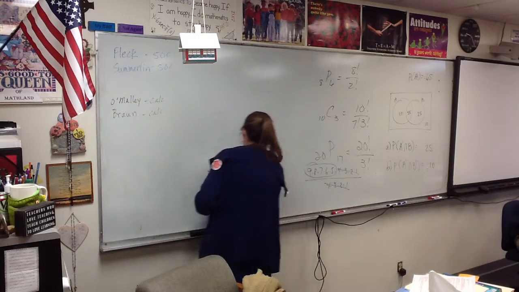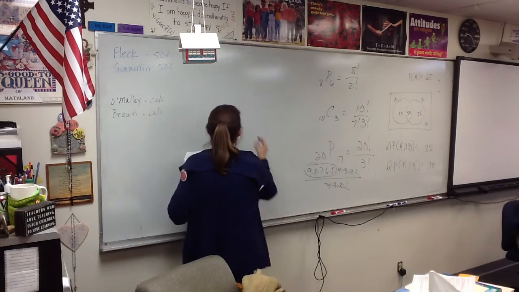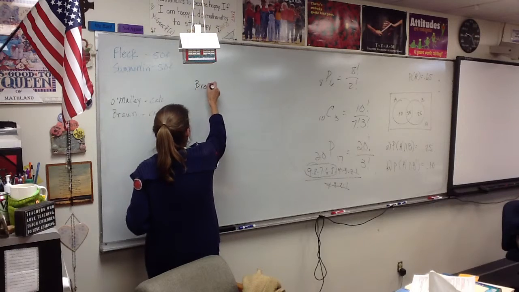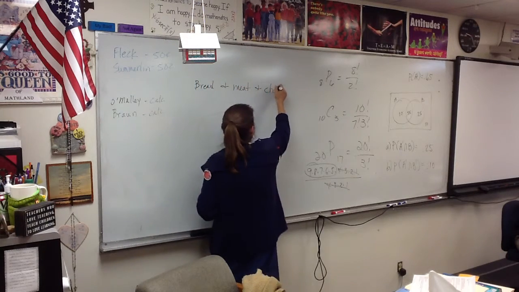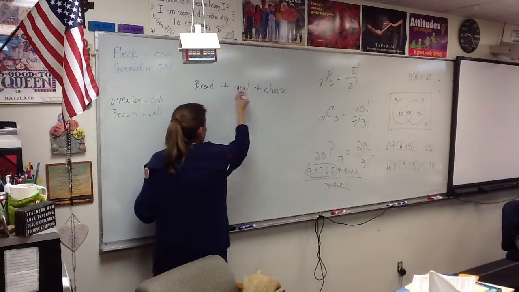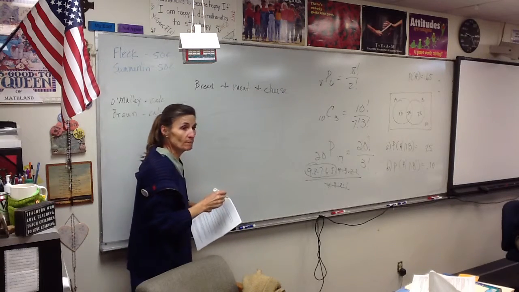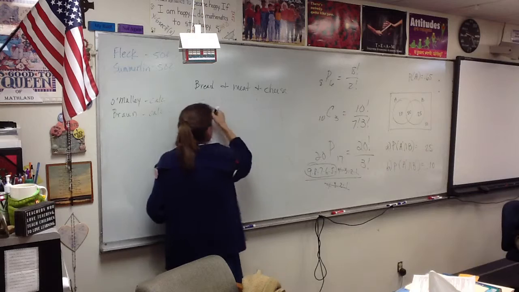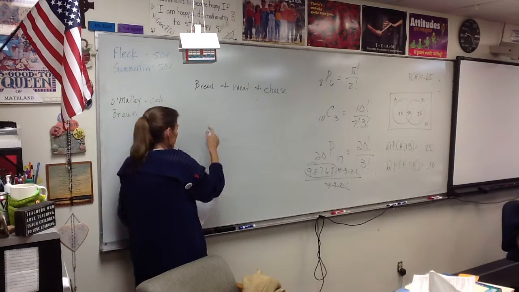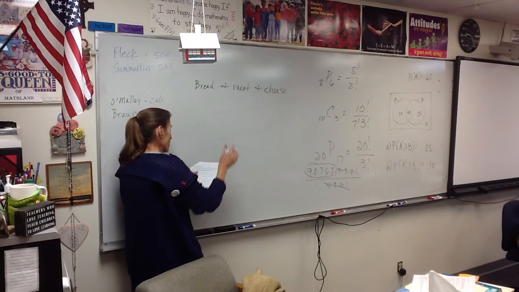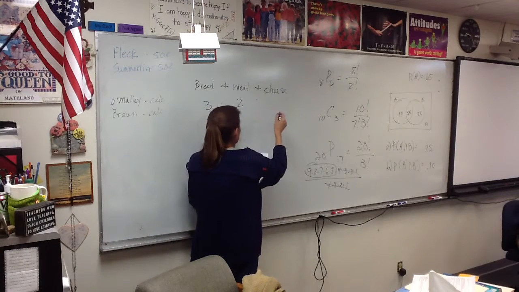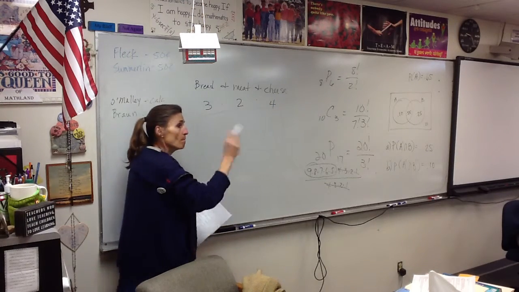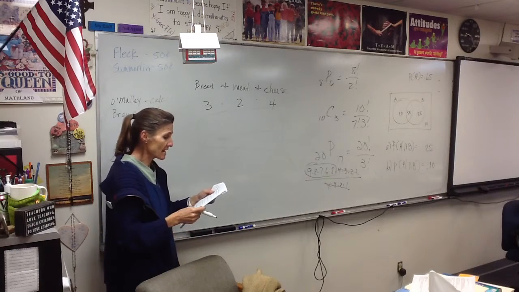Yep, and you multiplied because when I make a sandwich, I gotta pick bread and meat and cheese. What does an "and" tell a mathematician? Multiply. There are 3 breads, 2 meats, and 4 cheeses. Multiply them together, that's the answer.